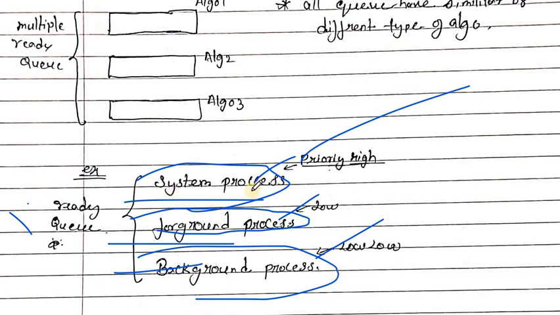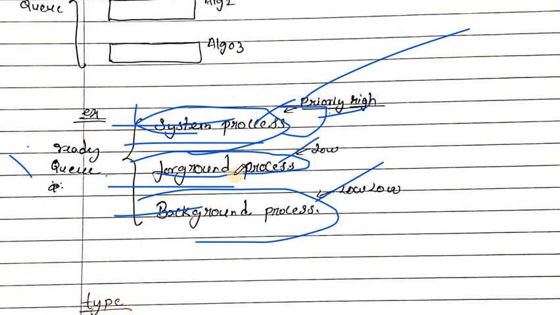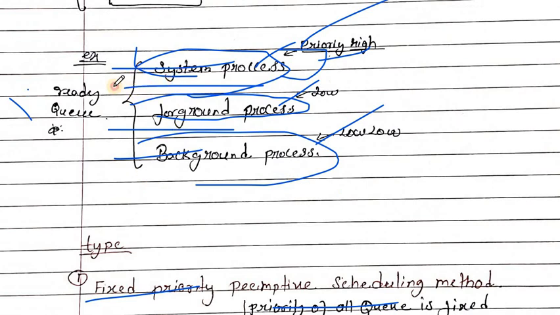Now if the system process is running on the CPU, this queue's processes run in the CPU. After completing this queue, the processes in the foreground process queue will be executed.